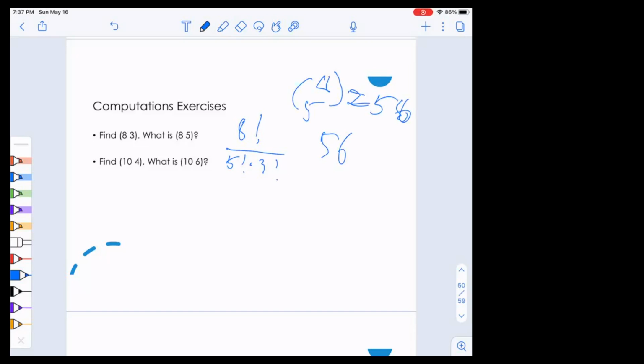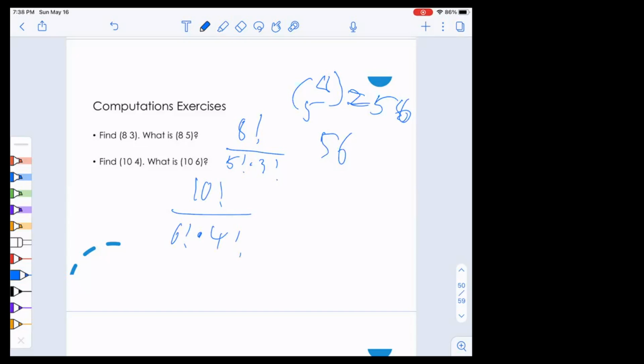And now we're going to choose 4 from 10. What is choose 6 from 10? Again, you know these are going to be the same thing because 6 is 10 minus 4. These are going to have the same amount of choices. So I'll just find one. If you only find one of these, you can immediately have the answer to the other one. So here we're going to do this. 10 factorial over 6 factorial times 4 factorial.